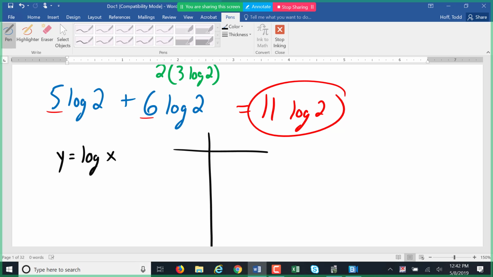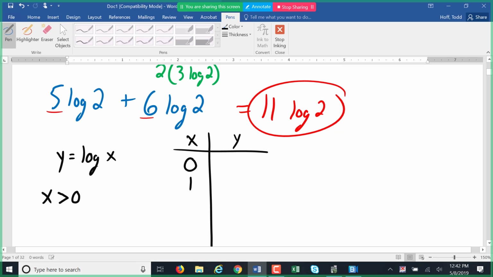Well, remember, an exponential and a logarithm are inverses. That means in this logarithm, x cannot be less than 0. It must be greater than 0. It actually can't even equal 0. So I can only put in positive values for x.